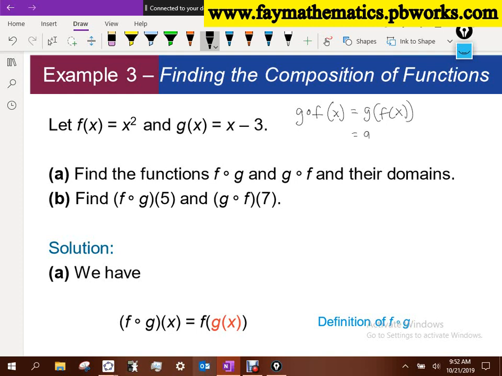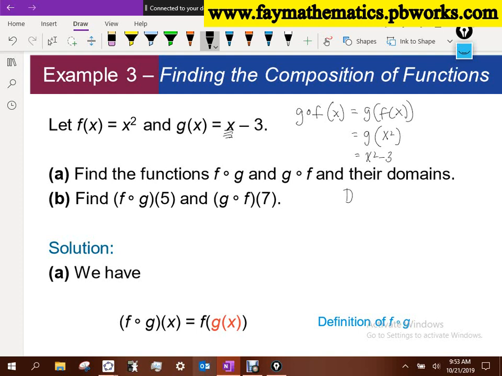So f of x is x squared, right? Now I'm going to take x squared and go over to g, and wherever I see my variable, I'm going to replace it with x squared. So it becomes x squared minus 3.